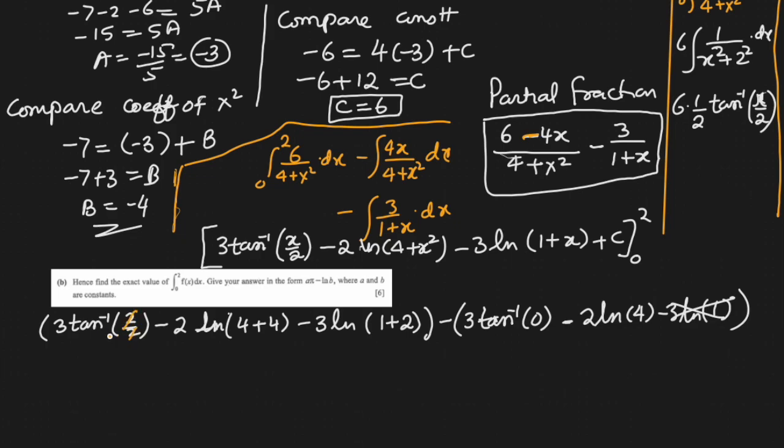2 by 2 is 1, tan inverse 1 is pi by 4, so it becomes 3 pi by 4, minus 2 natural log 8, minus 3 natural log 3. Tan inverse 0 is 0, so this is also gone. This minus and this minus will become plus natural log.